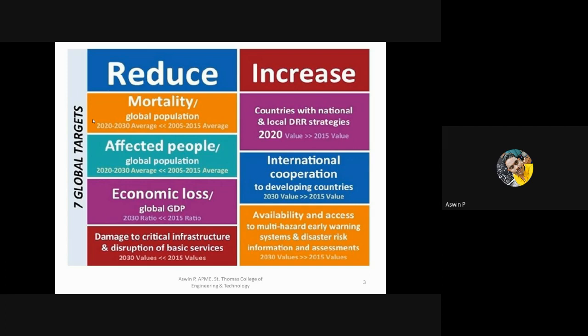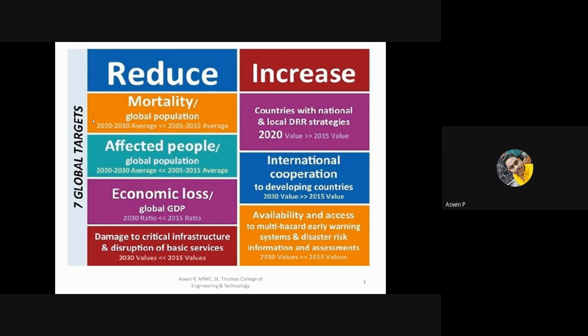They can motivate them, promote them, and sponsor them. By that international cooperation, by 2030 there should be a large increase in disaster risk reduction. That is the next increase.